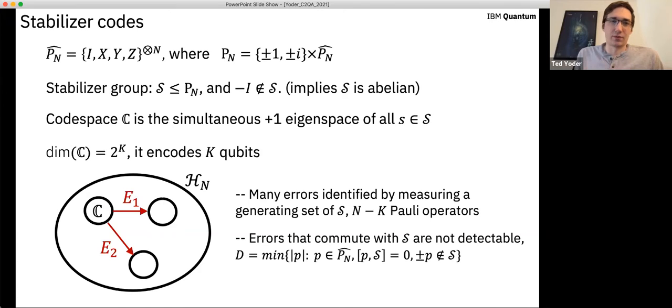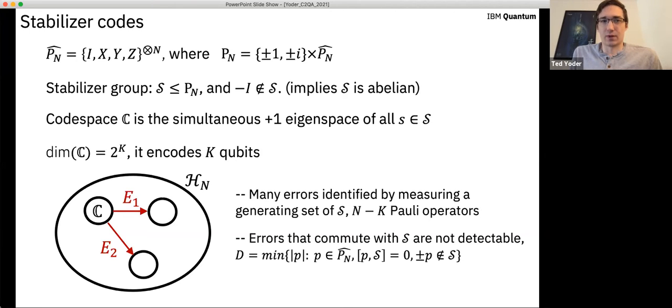Now the stabilizer group, which defines your code, is a subgroup of that Pauli group, and it can't contain minus identity. That's the only constraint. This implies that the stabilizer group is abelian, actually, because if it were not, then it would include minus I, which it's not allowed to.